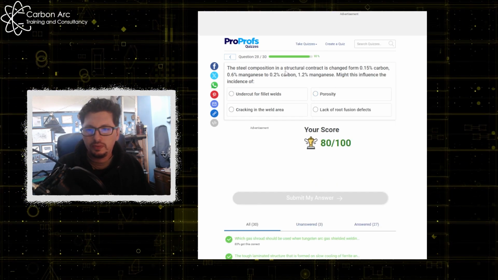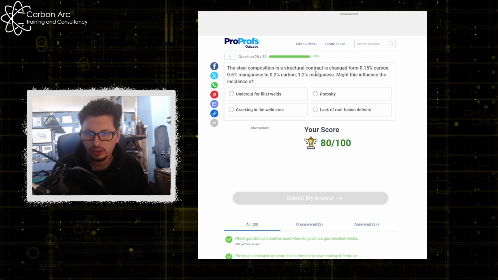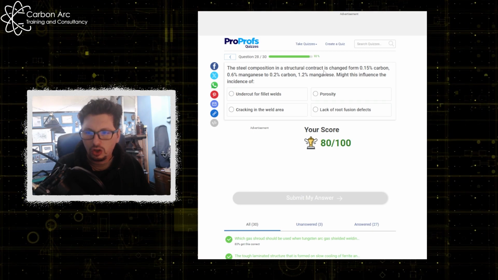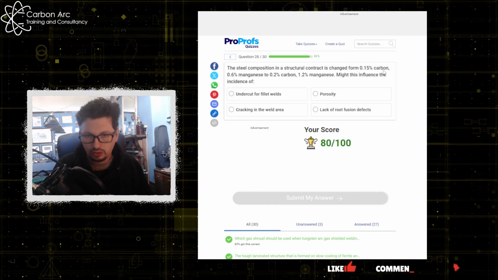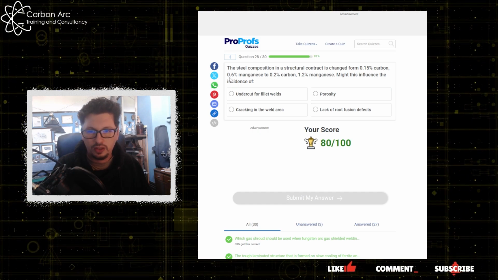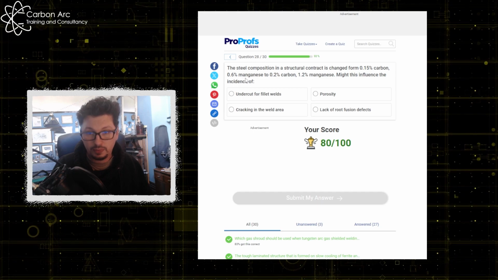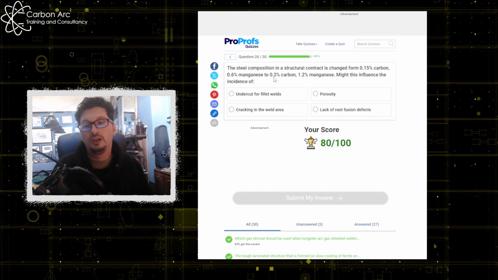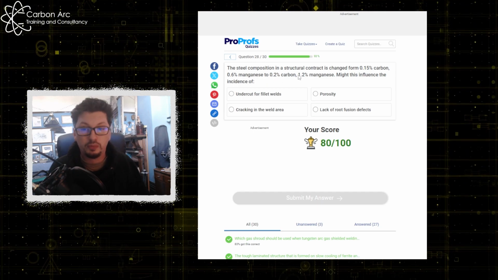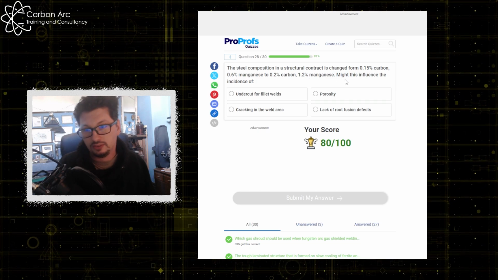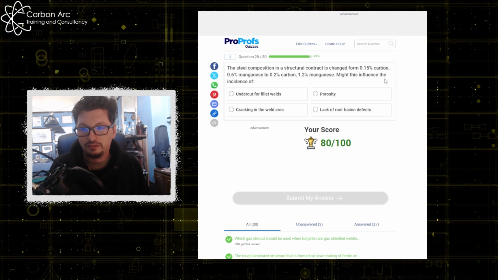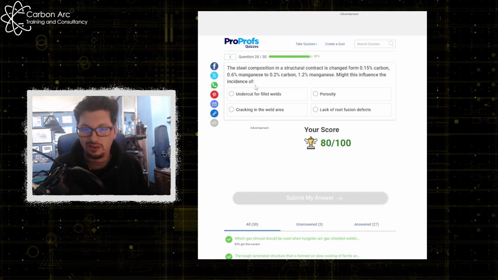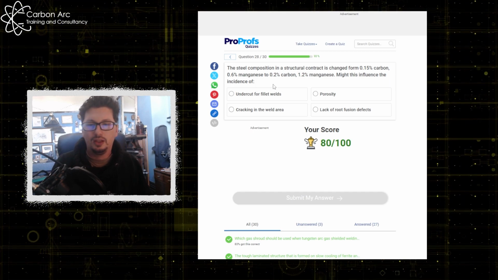A steel composition in a structural contract is changed from 0.15% carbon, 0.6% manganese to 0.2 carbon and 1.2 manganese. Might this influence the incidence of, well, what are we doing?